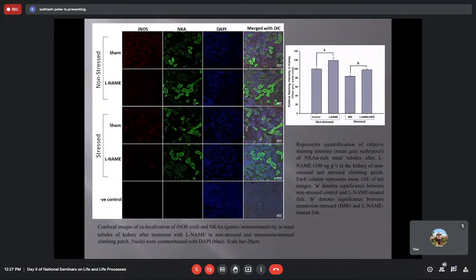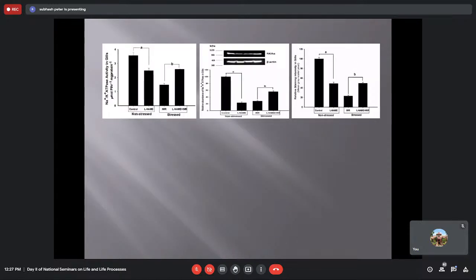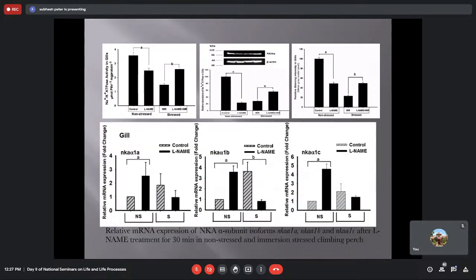This happened in the kidney as well. We again looked at the protein abundance in the system, and the activity is followed by the reactivity, and also the staining is taken here. This all addresses that there is a recovery response where NO is involved.